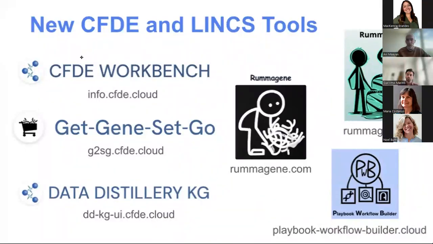We haven't stopped collecting signatures and converting resources into signatures, and we had this double drop of Rummagene and Rummageo resources that you will hear about from Giacomo. And then everything is going to be served from the CFDE workbench, which I can also share the link for. And then there are some other apps that are in the works.